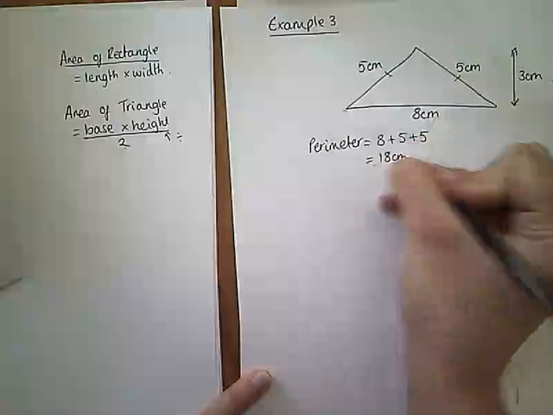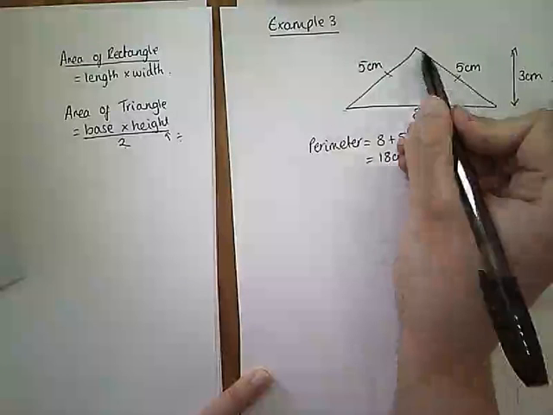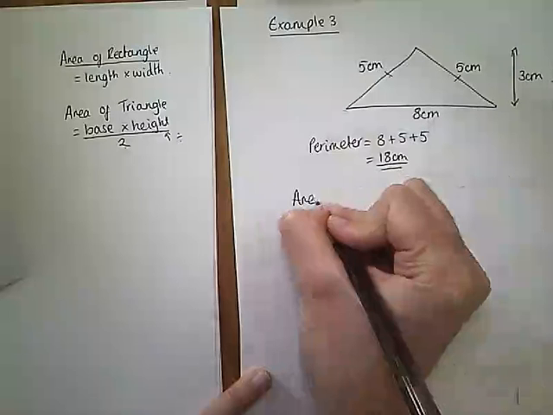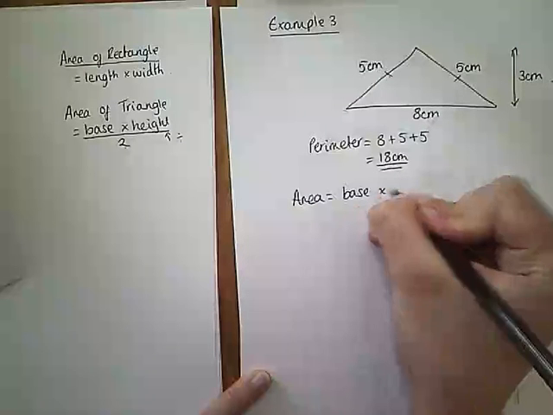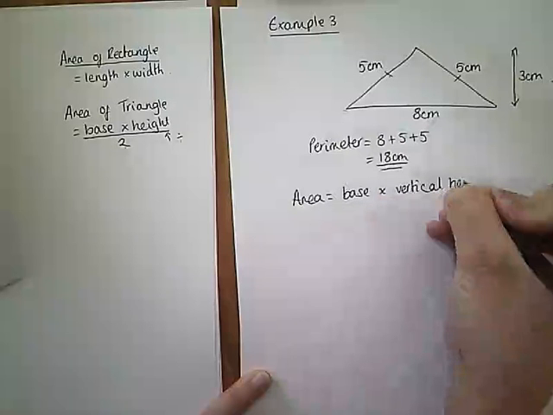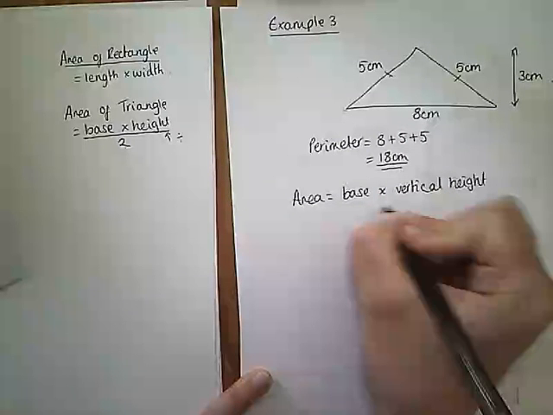Now the area, we know, is the base times the vertical height, divided by 2. So my base is 8, okay? My vertical height is not 5, because that is at a slant, that is at an angle, okay?